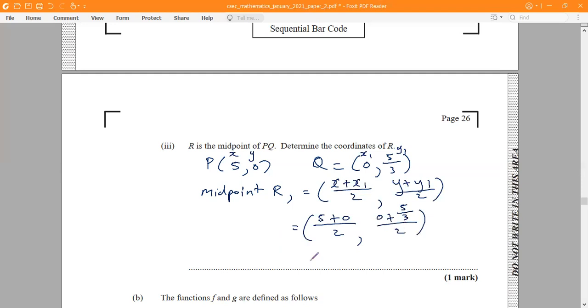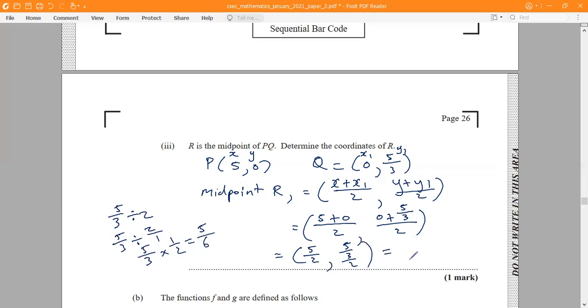Okay, so 5 plus 0 over 2 is 5 over 2. And then we have 5 over 3 divided by 2. So on the side here, 5 over 3 divided by 2 is the same as 5 over 3 divided by 2 over 1, which is 5 over 3 times 1 over 2. We have to invert the second fraction, which would be 5 times 1 is 5, 3 2s are 6.